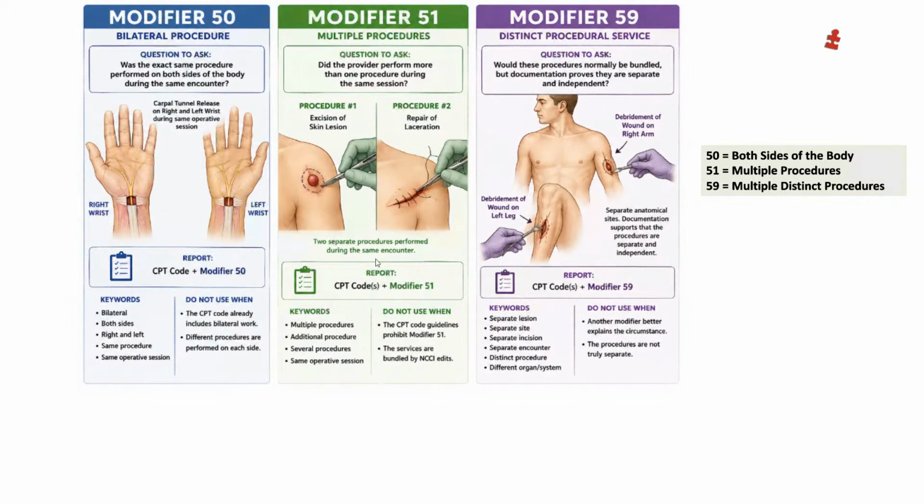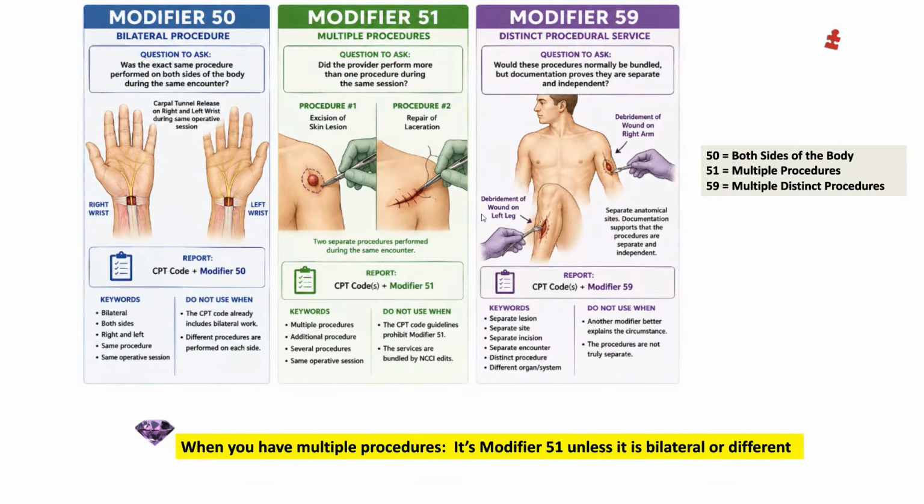Modifier 59 means that the multiple procedures are different. Okay? So here is the gem. Anytime you have multiple procedures happening at the same time, it's going to be modifier 51 unless it's bilateral or different.